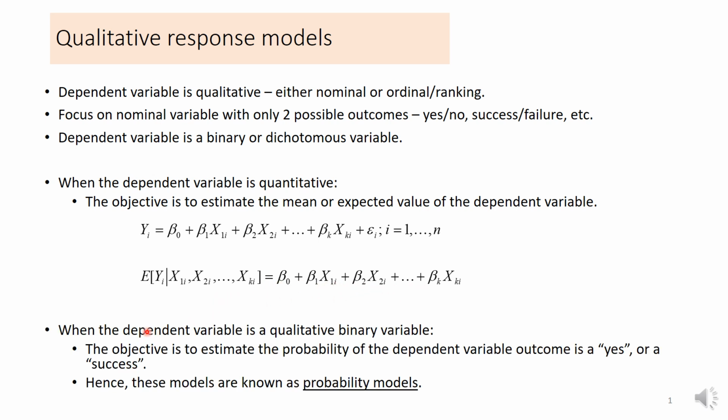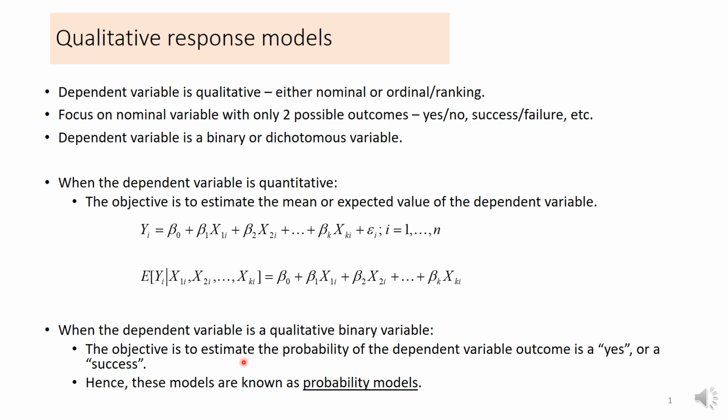However, when the dependent variable is a qualitative binary variable, as we are going to talk about in this lecture, the objective is to estimate the probability of the dependent variable outcome being a yes or a success, or having the value of, later on we will put the value as either 1 or 0.